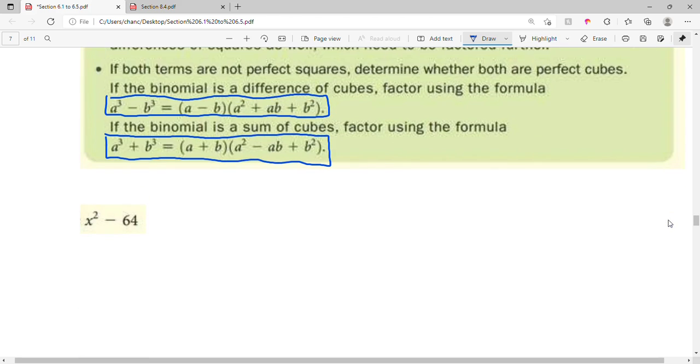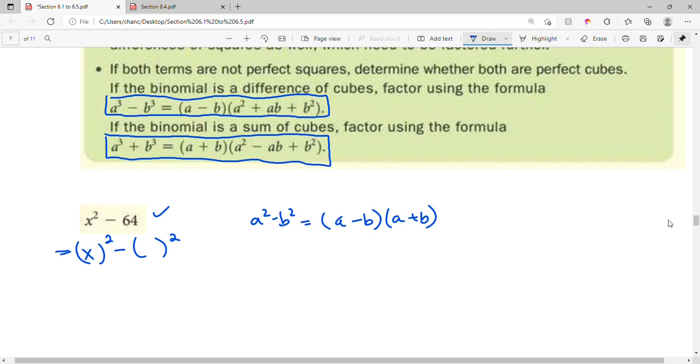Notice x squared minus 64 is of the form a squared minus b squared. So I can factor this as a minus b and a plus b. What I usually like to do is rewrite it as something squared minus another something squared. What has to go inside to produce the original polynomial x squared minus 64?